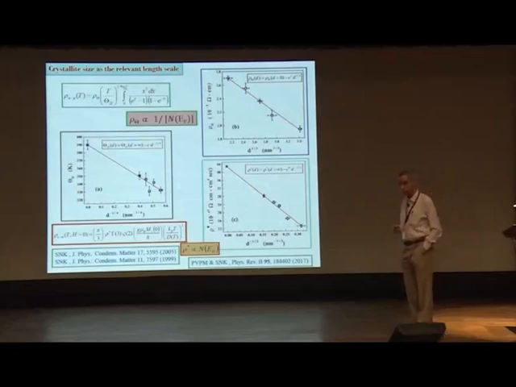So this tells you clearly that the crystallite size happens to be the relevant length as far as both magnetism as well as transport is concerned.